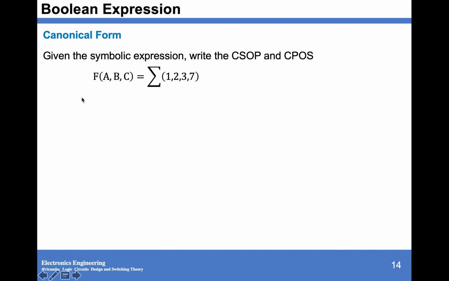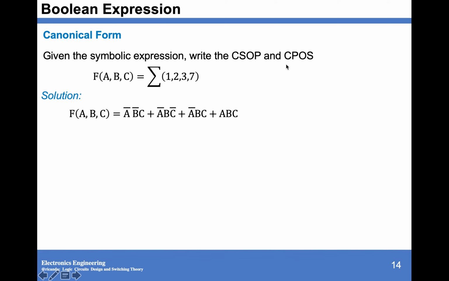So first we have to write your sum of product. So 1 represents E bar B bar C, 2 represents E bar B C bar, 3 represents E bar B C, and 7 E B C. So this is our canonical sum of your min terms.